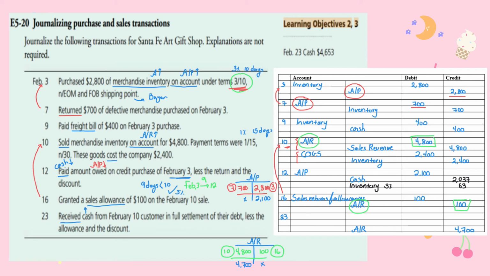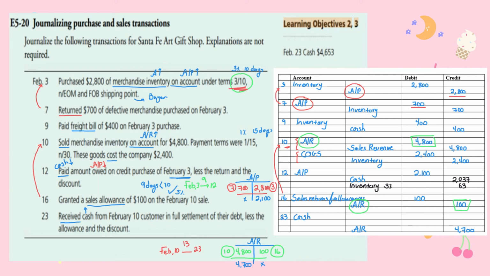I'm gonna receive cash, so cash will go to the debit side because it's an asset account and it's increasing. Now, will I receive the full amount or I'm gonna receive the amount after discount? So let's check if the customer will get a discount or not. The sale was on February 10th. I received cash on 23rd, so after 13 days.